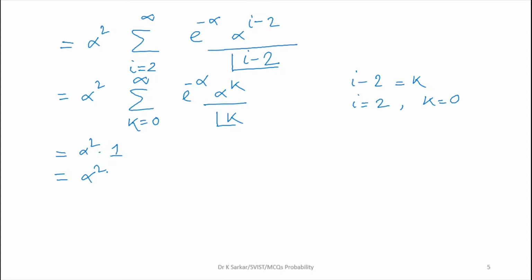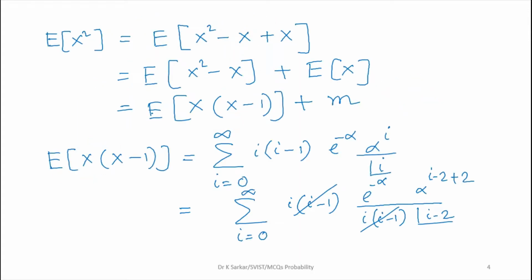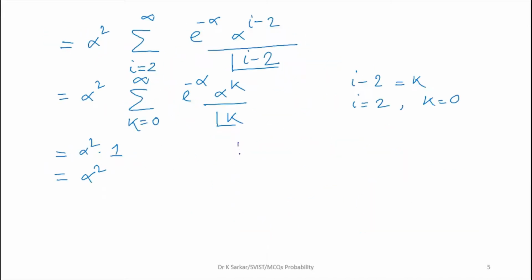Now let us put this value. So we have got expectation of x into x minus 1 as alpha square, and that is m square. So expectation of x square becomes m square plus m.